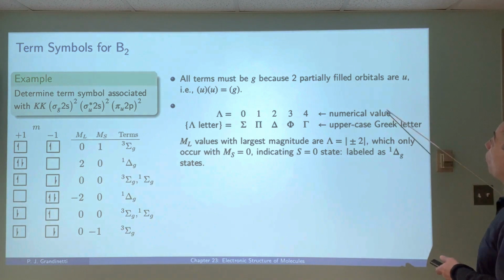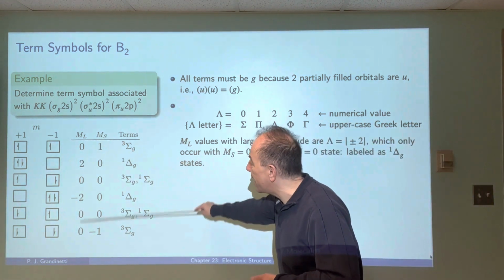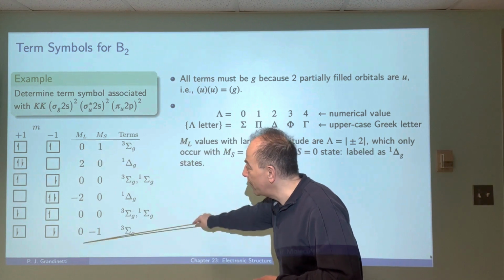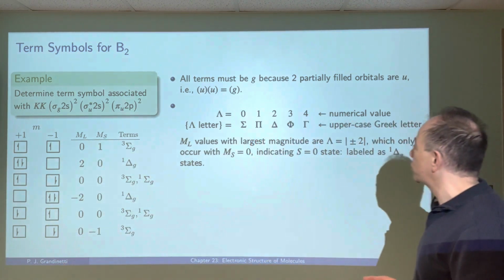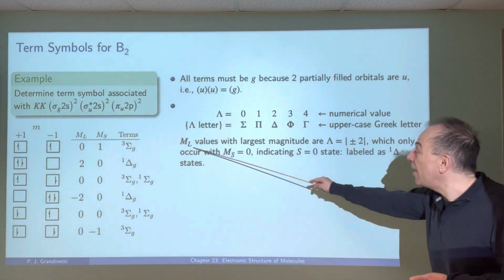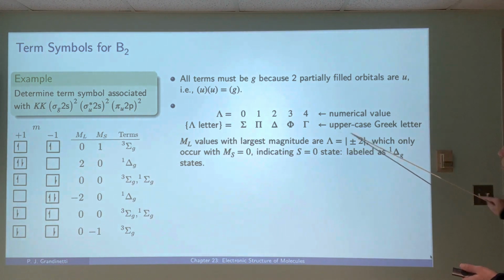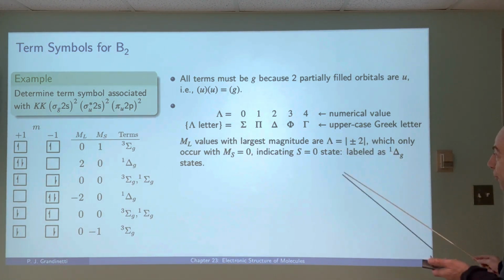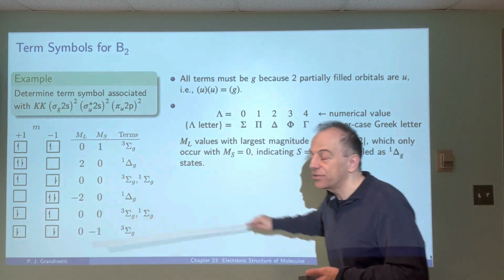Now, let's get to the M sub L values. Well, we see in the M sub L values that most of them are 0, except for these 2, which are plus or minus 2. So M sub L values of plus or minus 2 would correspond to a lambda of 2, and that only occurs with M sub S values of 0.